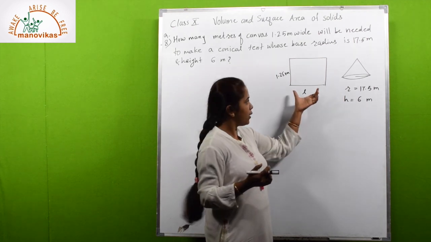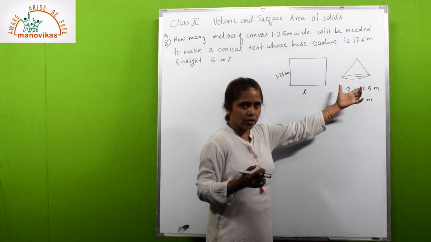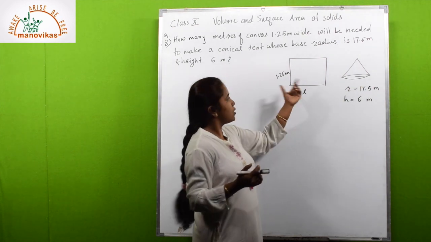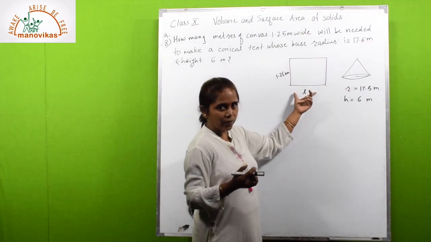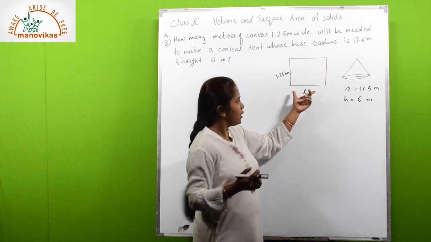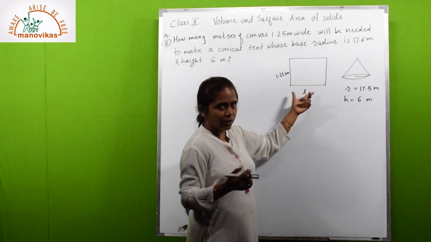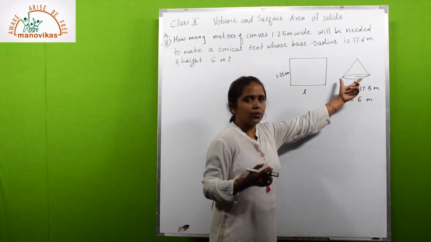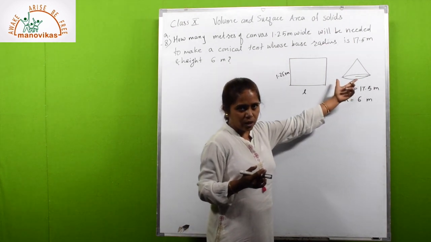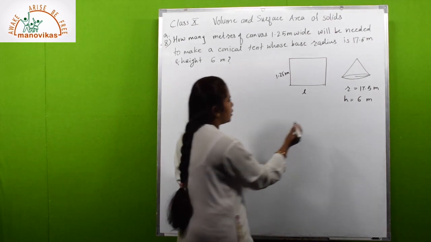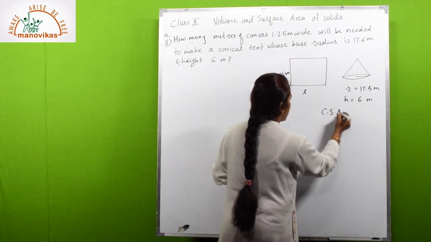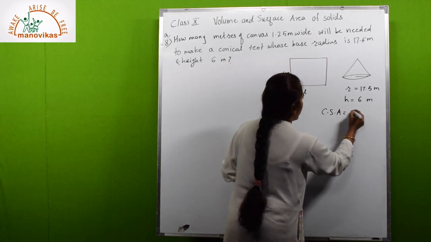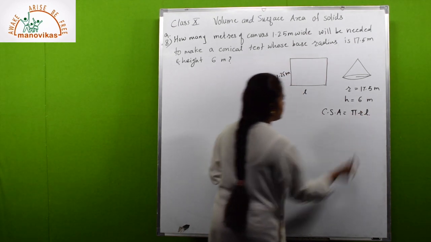So we have to find the surface area of the conical tent, which is nothing but the surface area of this canvas. Okay, so area of this canvas which is in rectangular shape is length into breadth, which is nothing but the curved surface of the conical tent. Now what is the formula for curved surface of the conical tent? That is pi r L.